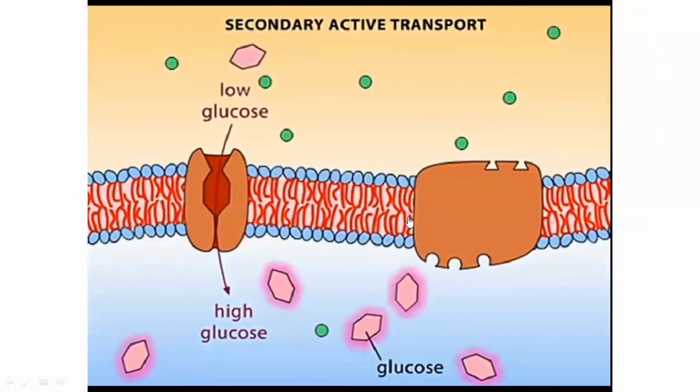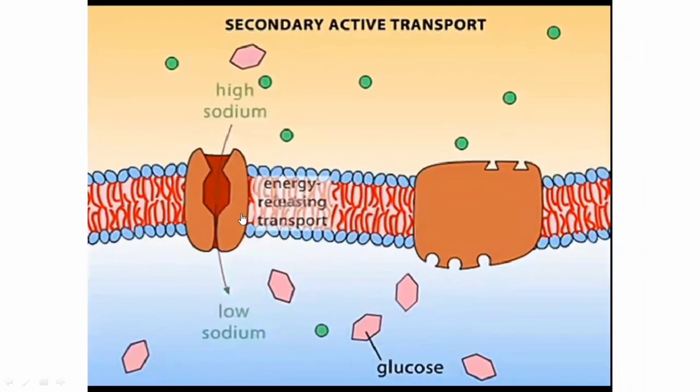That is because the glucose is moving against the concentration gradient. Here you can see this is the inside of the intestinal cells, and this is the outside, the lumen of the intestine. These are the cell membranes, and these proteins are embedded in the membrane.